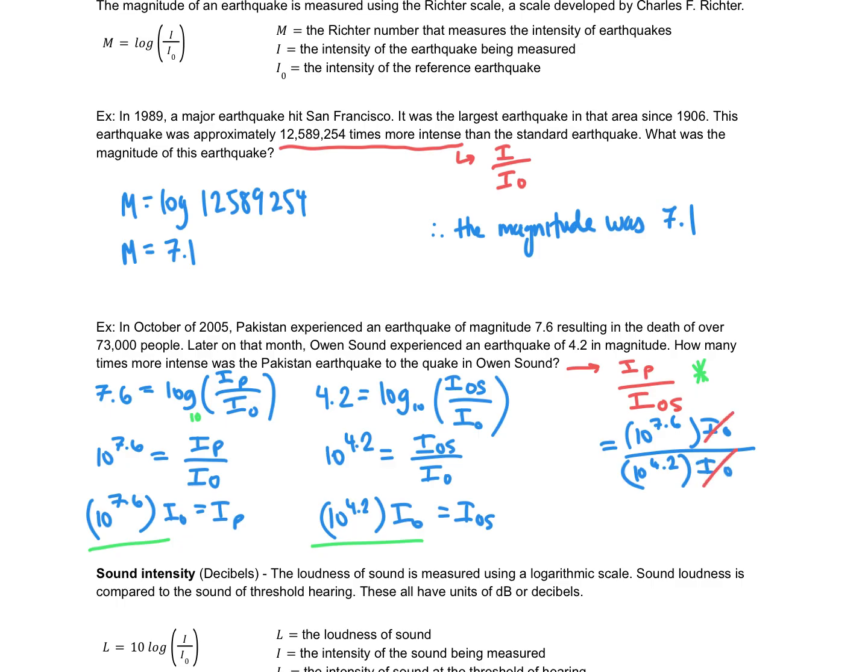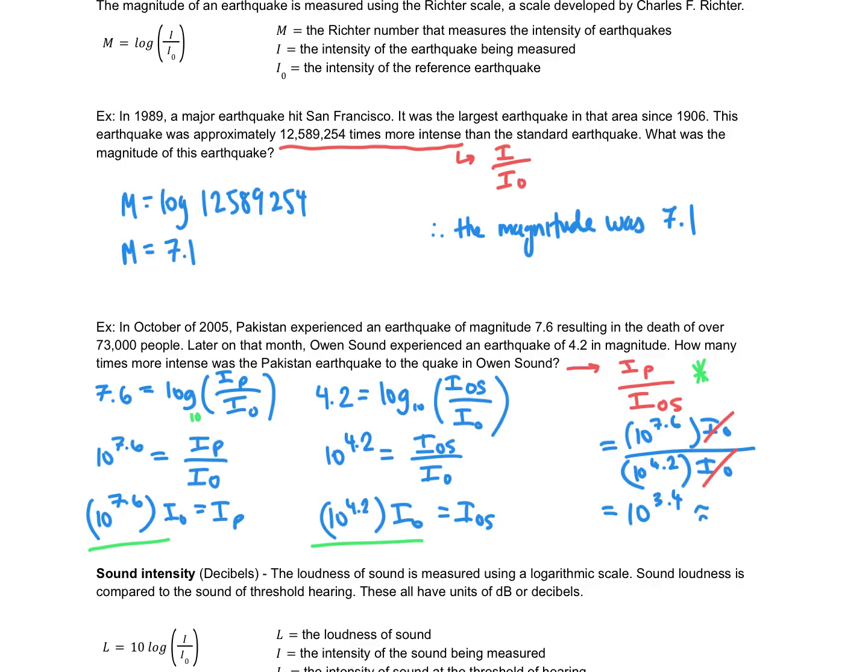Those cancel out, and then I'm left with two exponential terms. They have the same base. They're being divided, so we can subtract these exponents so that we have 10 to the power of 3.4. And this would be the exact value.